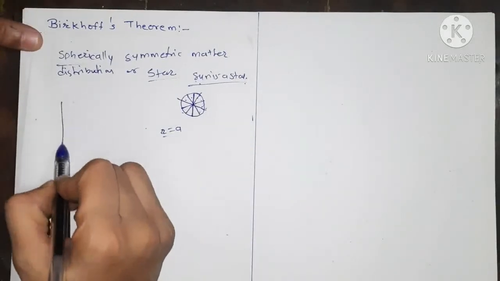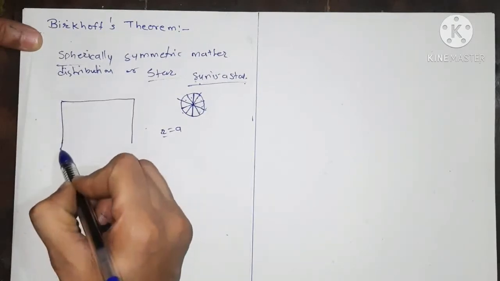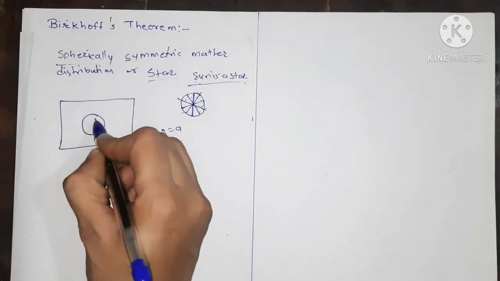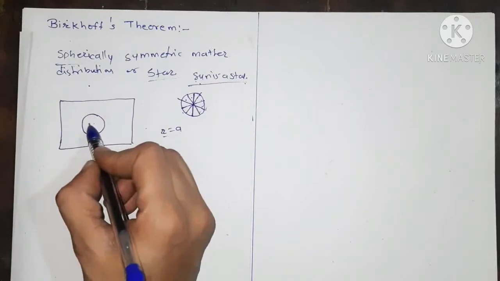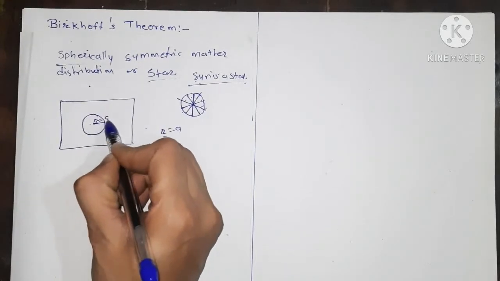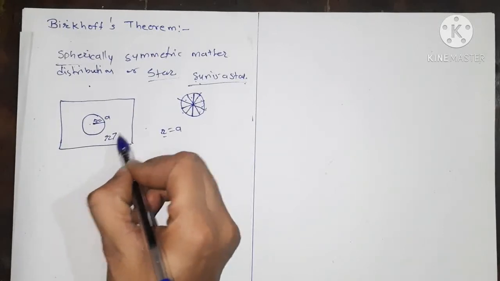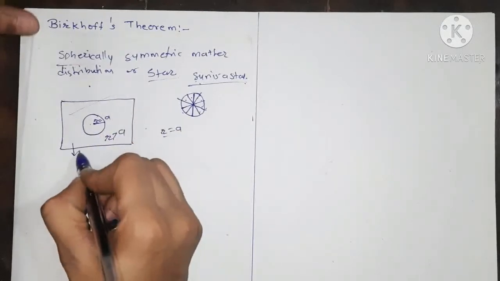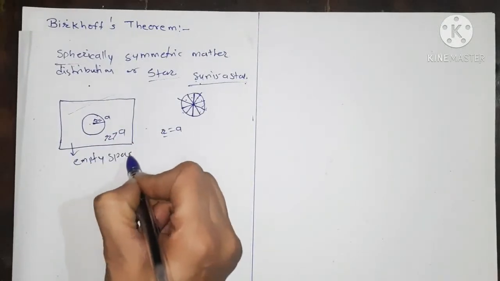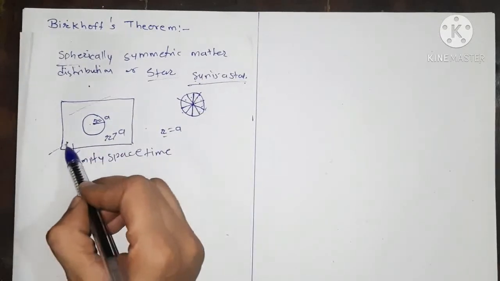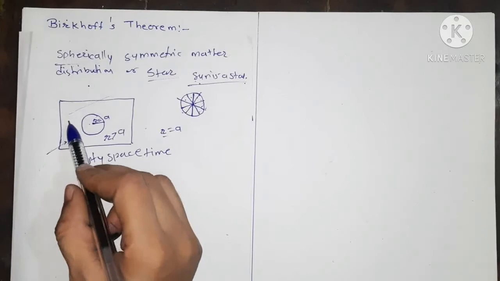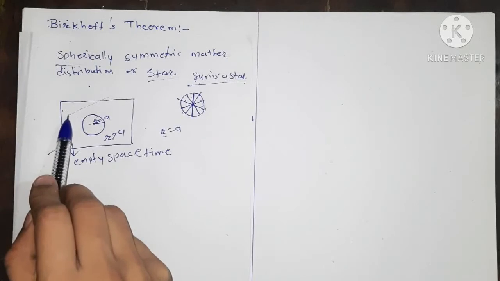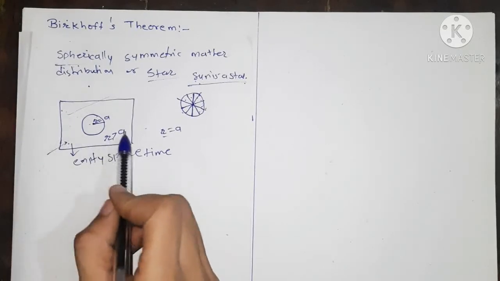For example, within this space we have a star or spherically symmetric matter distribution, within a radius r equals a, and outside it we have r greater than a, where we have empty space-time. That is, no matter is present outside this spherical ball, except the gravitation.